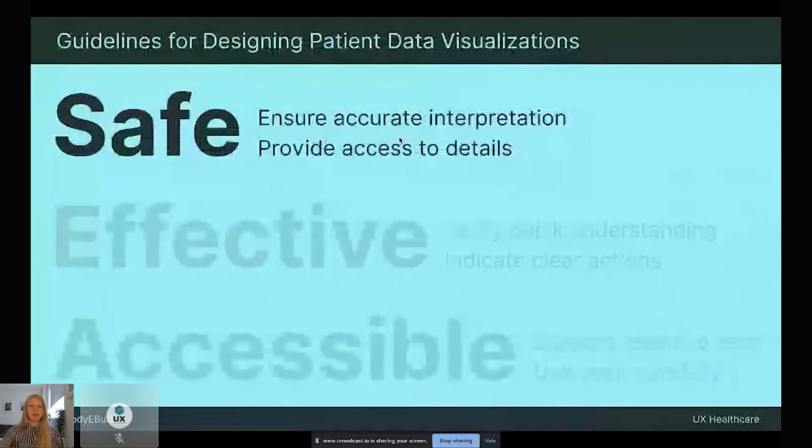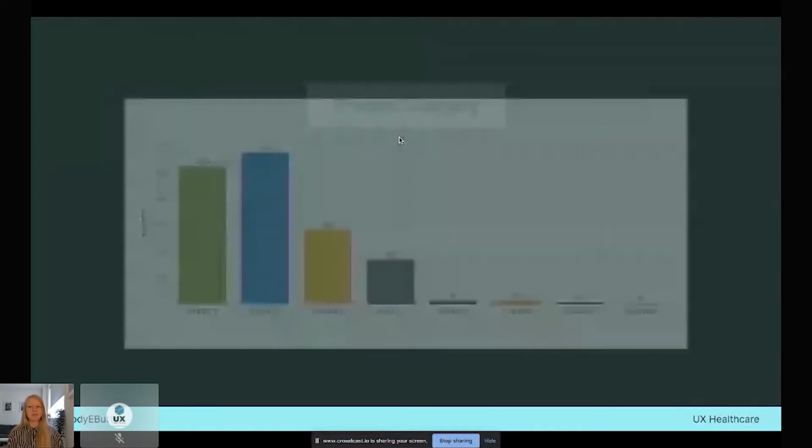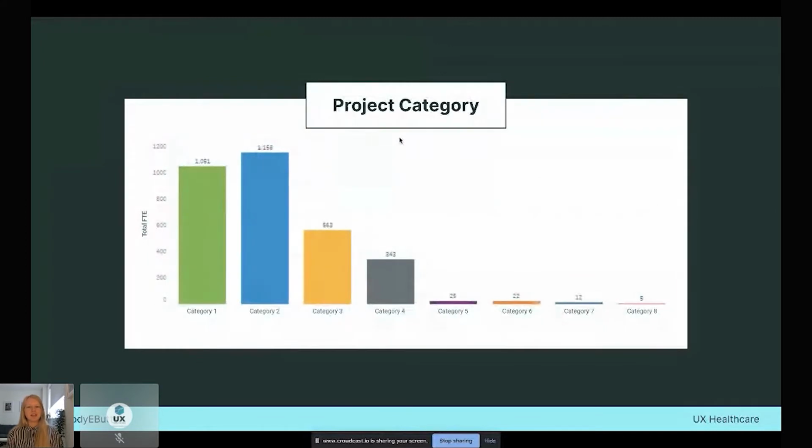So first, we're going to look at safe. So we want to ensure that we are portraying the data accurately to the user so that we're avoiding any type of misinterpretation, misunderstanding that could lead to error, patient risk. Now this is quite simple, but something that I see all the time is just poor usage of labeling.